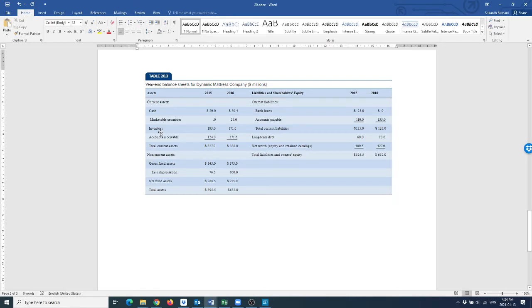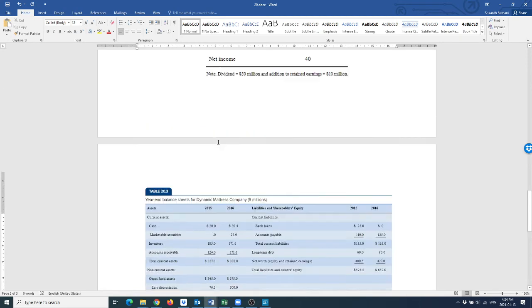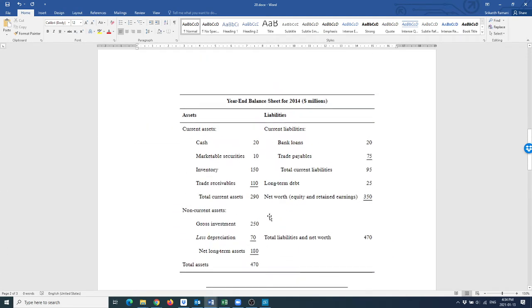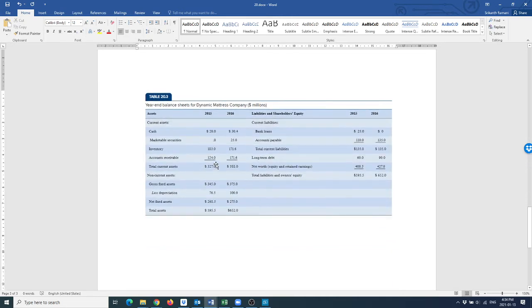The next item in the current assets, which is a part of the operating assets, is the accounts receivable. Accounts receivable is 124 in 2015, and it was only 110 in 2014. So accounts receivable has increased by $14.